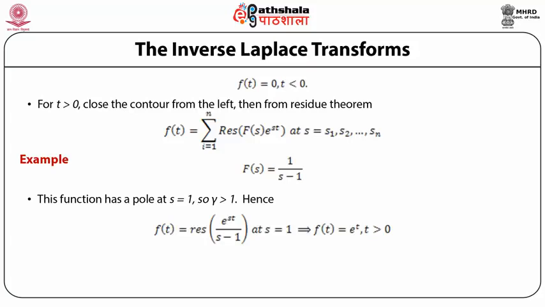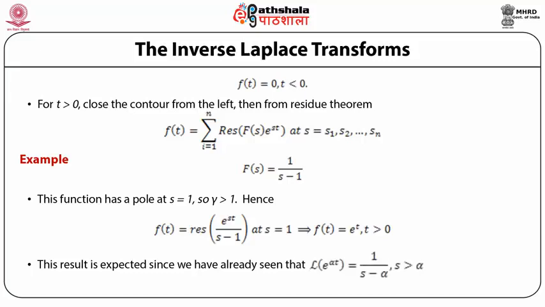This implies the function small f of t is equal to e raised to power t for t greater than 0. The result is expected since we have already seen that the Laplace transform of e raised to power alpha t is equal to 1 by s minus alpha for s greater than alpha.